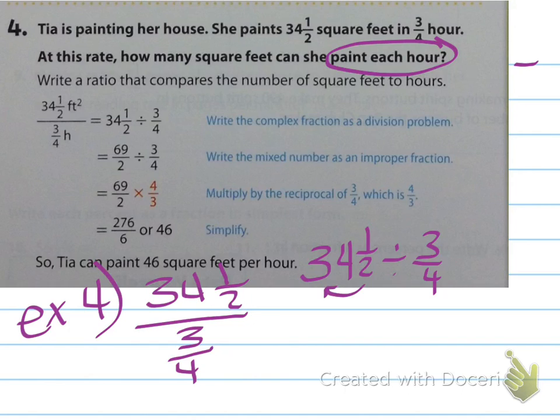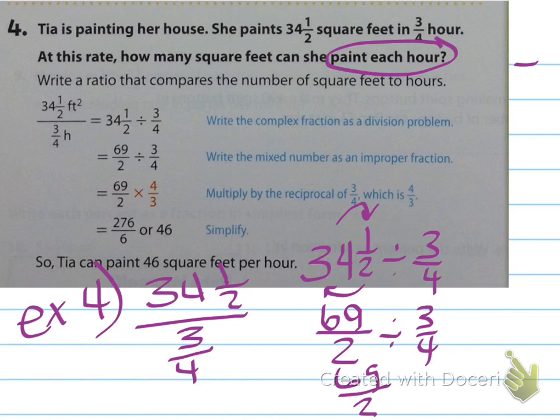We're going to make this an improper fraction, which is 68 plus 1 is 69 over 2 divided by 3/4. We're going to keep, change, and flip. We can simplify here with our 69 and our 3. This will become 1, and this will become 23.